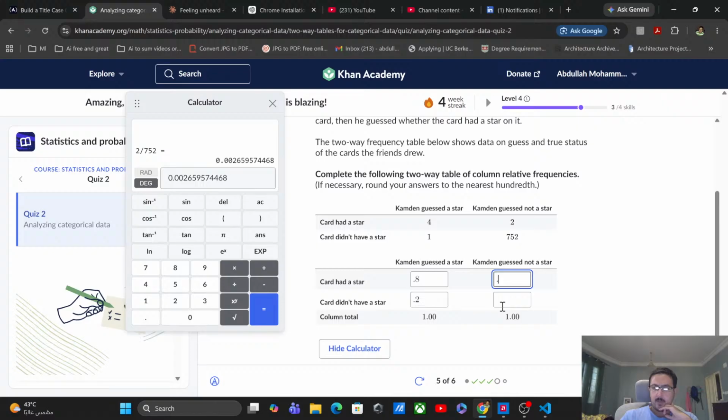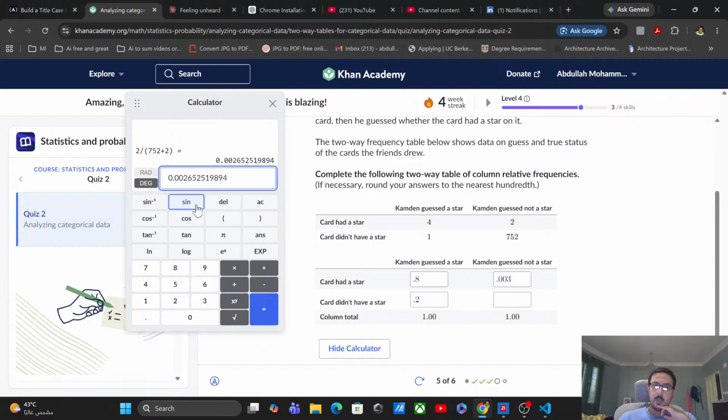The rest is right. 2 over 752 plus 2. Still 0.3.